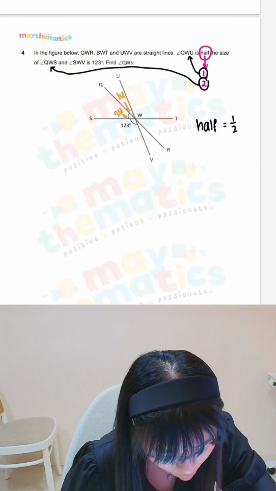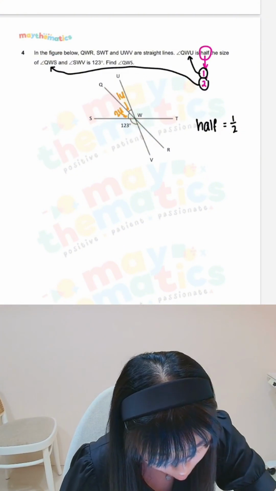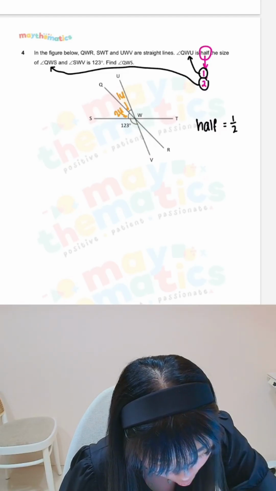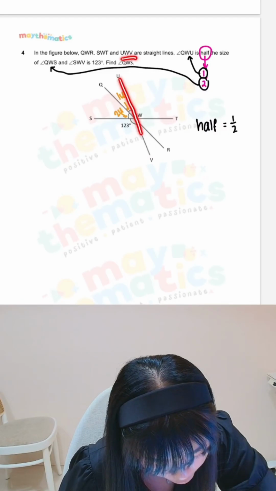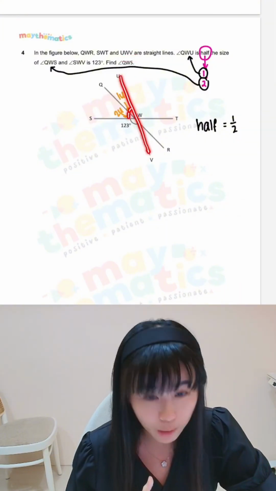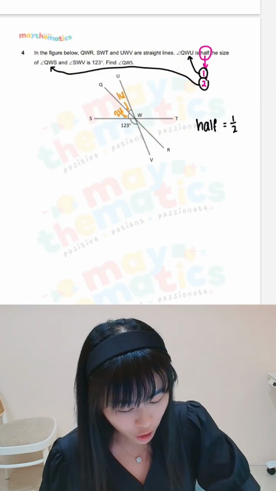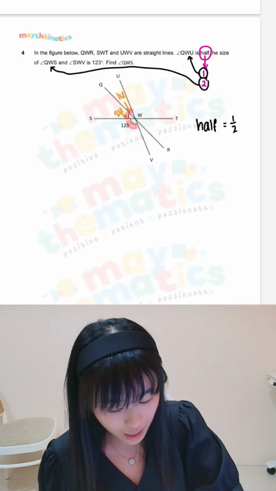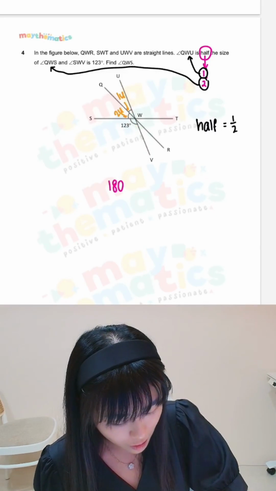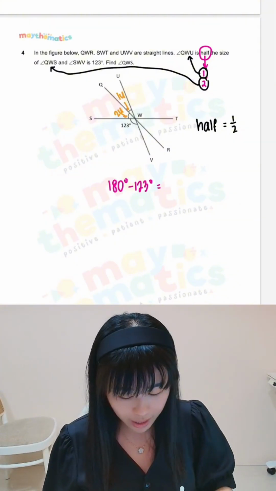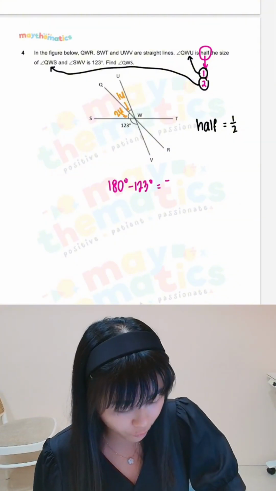Means we know this is 1, 2, 3, and we know the straight line given is UWV. You all know a straight line means all these angles add up to how many degrees? 180, very good. So if this plus this is 180, I can take 180 minus away 1, 2, 3 first, and you will get 57 degrees.